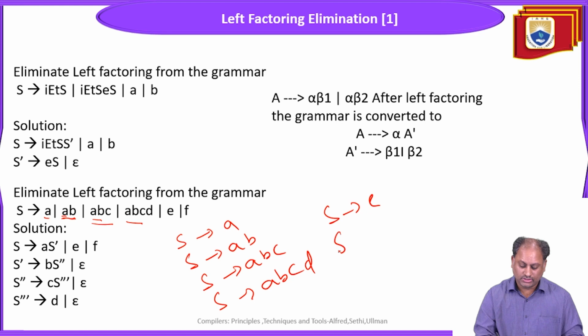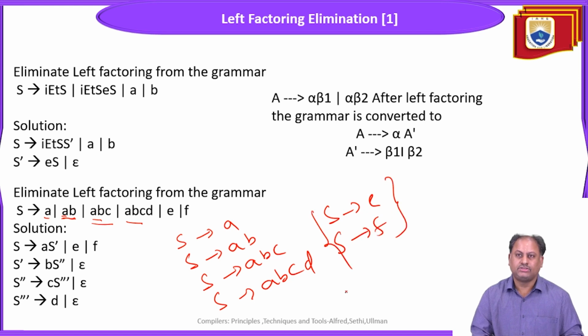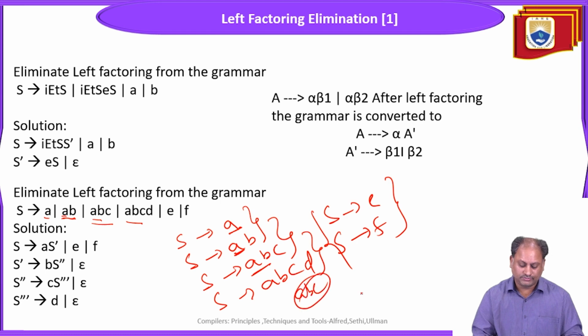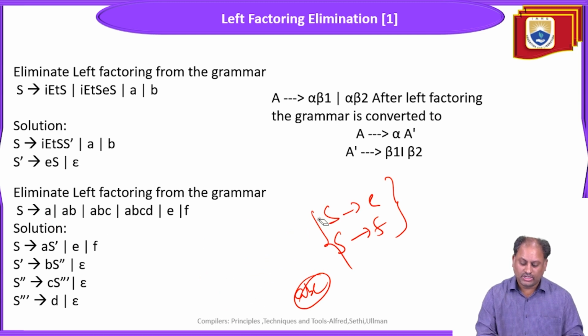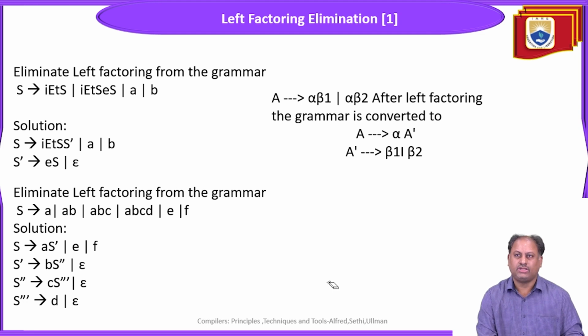In this, we conclude that small a exists as a left factoring for the cases, and for these two cases we observe ab, and for these two cases we observe abc. So for this type of repetition of the previous terminal in the second cases, we can avoid it by implementing A derives alpha A dash, A dash derives beta 1 and beta 2, etc. So for this case, what is capital S here?